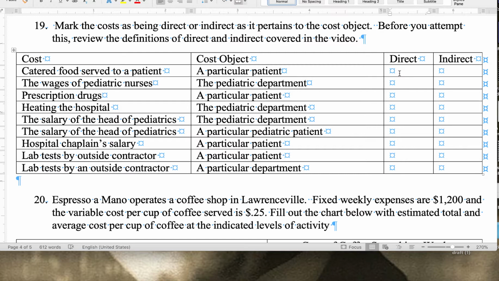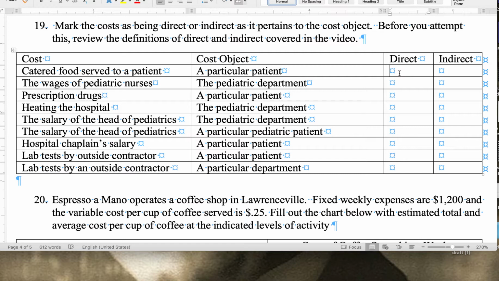Now, the idea is that you attempted these on your own based on the readings and the lecture videos. So if you haven't done that, do that now. Pause the video, give these a good try, and then come back and we'll work through it together.